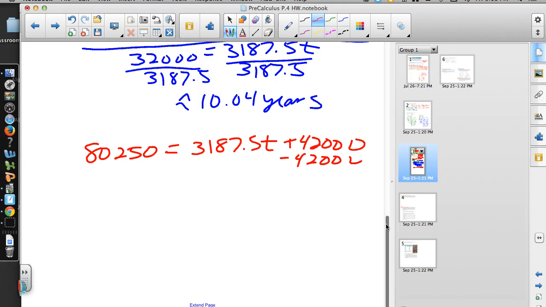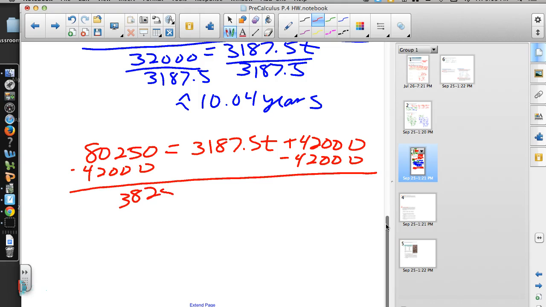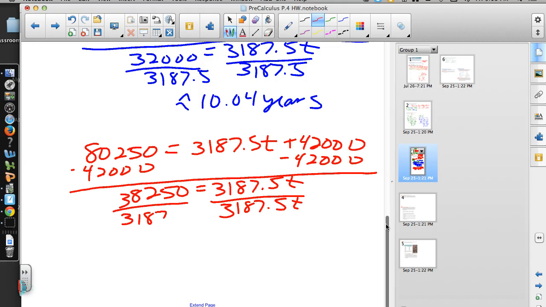Subtract the 42,000 from both sides. So 80,250 minus 42,000 is 38,250. And then, not subtract, divide by 3,187.5.